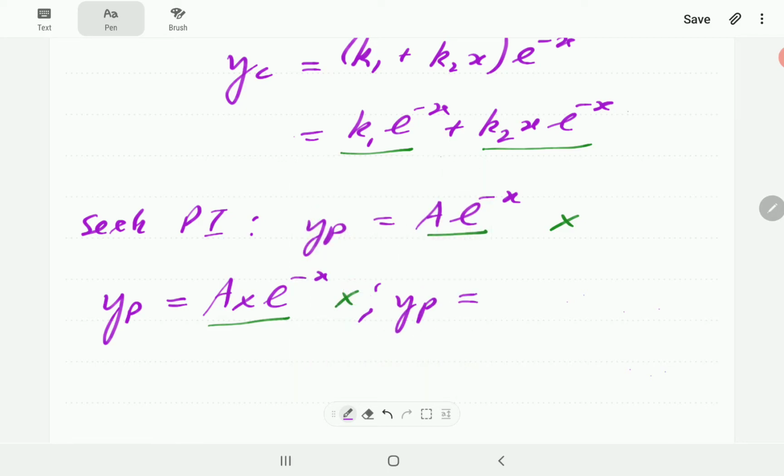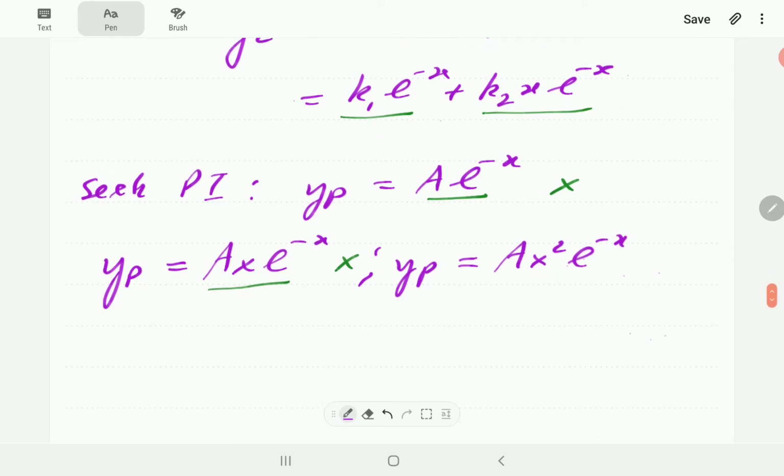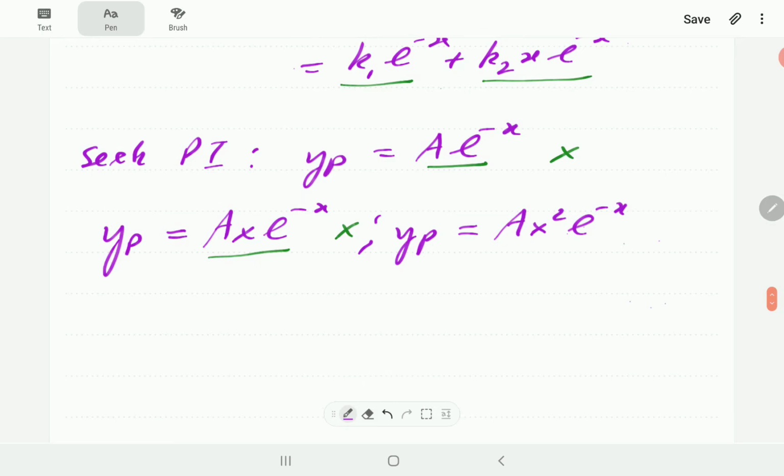We multiply by x one more time. Then we're going to have a x squared e to the minus x. Now this term is not similar to any of these terms here, so that means that is going to be the form of our yp that we're going to proceed with.